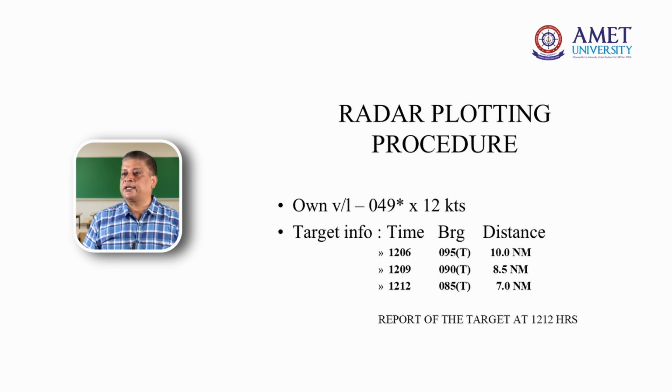At 12:06 hours, the bearing was 095 and the distance was 10 miles. At 12:09, 090 and 8.5. At 12:12, it was 085 and 7 miles. Finally, we are trying to find out the data of the target at 12:12 hours. This is the basic question.